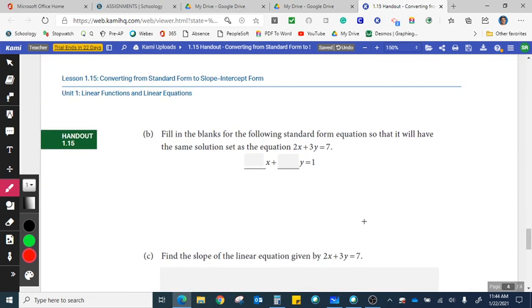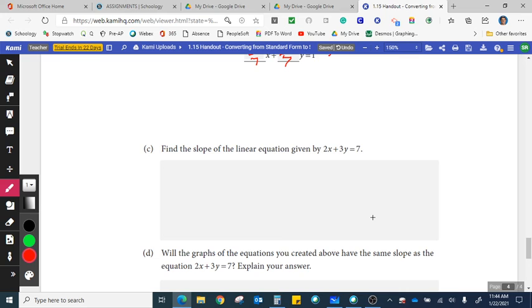Okay, that's it. For this one, if we are going to get 1 right here, we would divide by 7. So I'm going to divide both sides by 7. If I divide both sides by 7, I'm going to get 2 over 7 and 3 over 7. Find the slope.